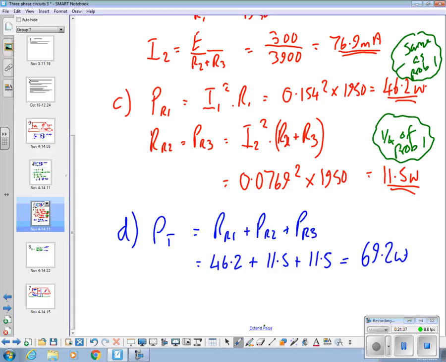And that compares with 139 watts for problem 1. Just less than half.